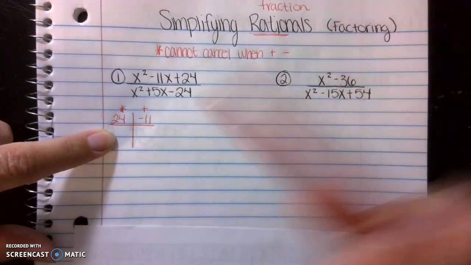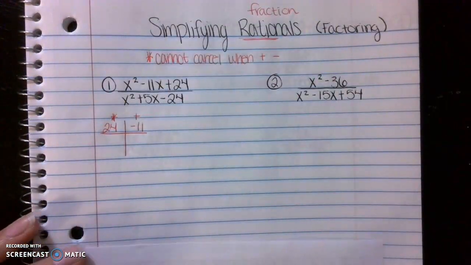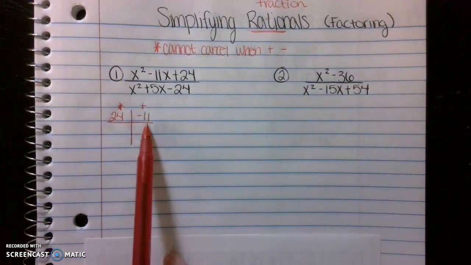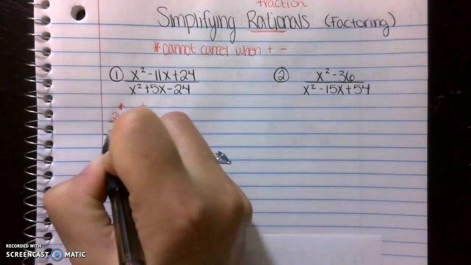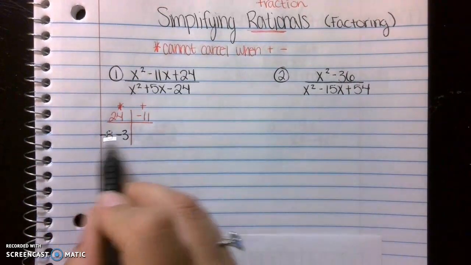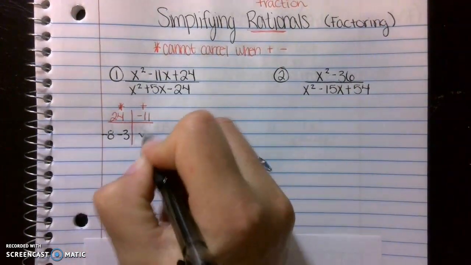If you need to, pull up that multiples chart that's linked in the assignment page. What multiplies to get me 24 and adds to get me negative 11 would be negative 8 and negative 3. Negative times a negative gets me a positive, and when I add those together, I get negative 11.